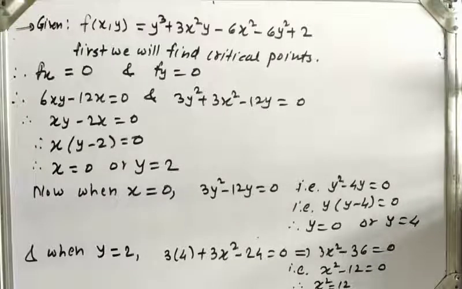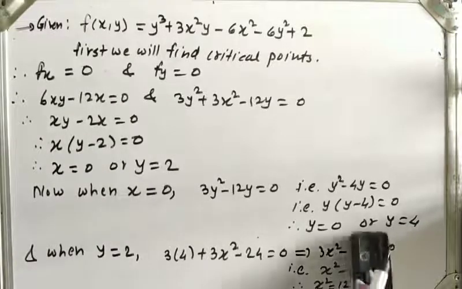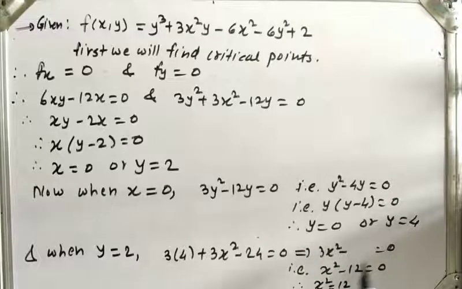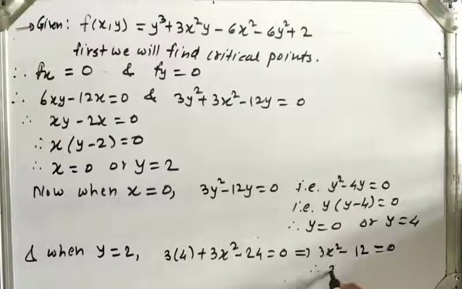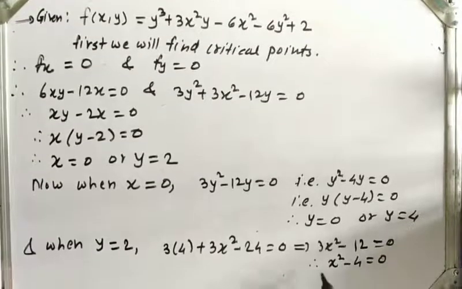Okay, so from this, 3x square plus 12 minus 24, that will be minus 12. 3x square minus 12 is equal to 0. Therefore x square minus 4 is equal to 0. Therefore x square will be 4. Therefore x will be plus and minus 2.